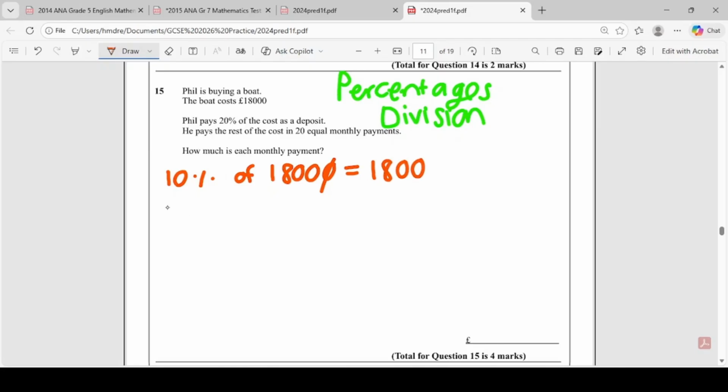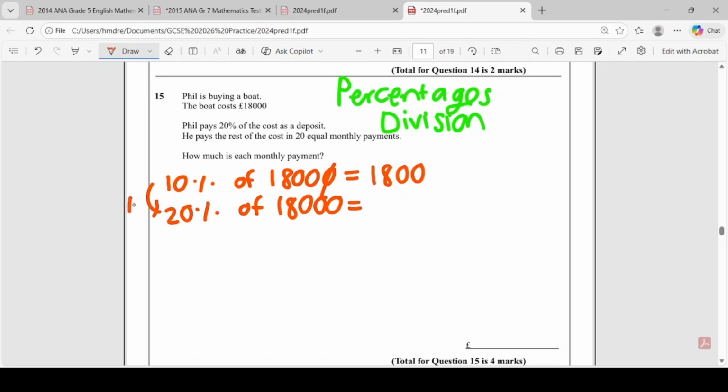Then if I want 20%, I just double it. 20% of 18,000 is double that. So I have to times this by 2. 1,800 times 2 is 3,600. So that is his initial deposit. That's what he paid off at the start.